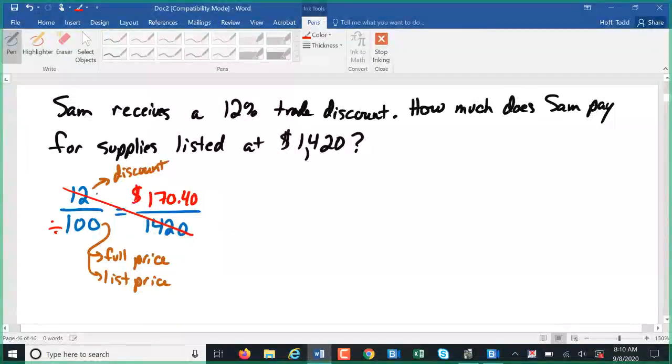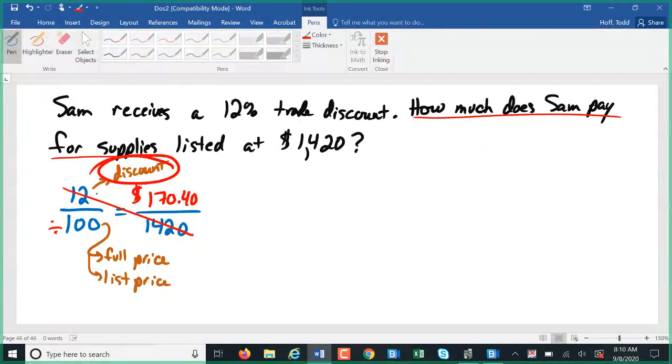But that's not the answer to this problem. The question is, how much does Sam pay for those supplies? The $170.40, that's the discount. So making sure we keep track of what's in these proportions helps us realize that's not the answer yet.